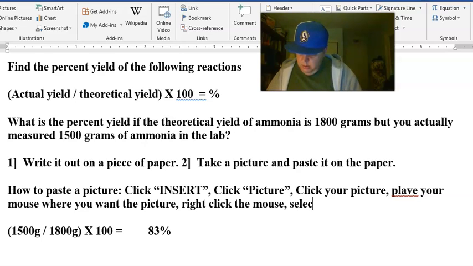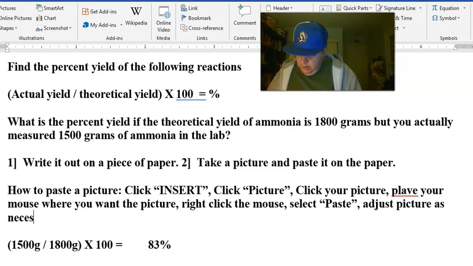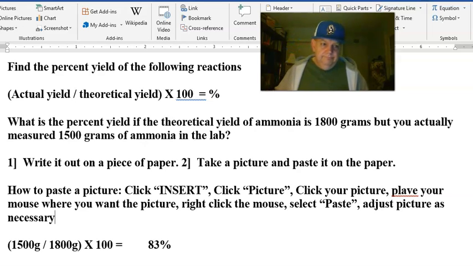Select paste. Adjust picture as necessary. That's it. That's all that it is.